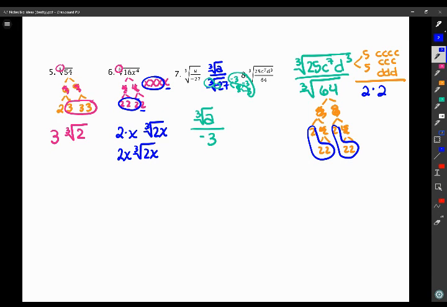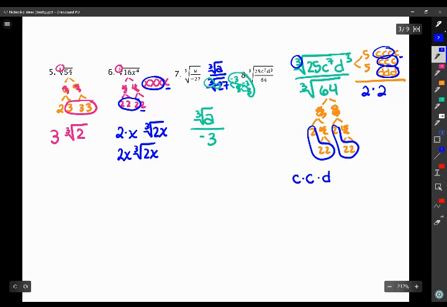And so when I'm looking for 3 of a kind up on the numerator, the top part, I've got 3 c's here and 3 c's here and 3 d's. So 3 c's brings a c out, another group of 3 c's brings another c out, and another group of 3 d's brings a d out.